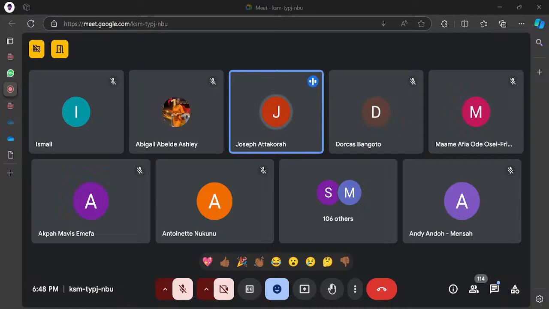So what is the formula for SAAG? What is the formula, class?